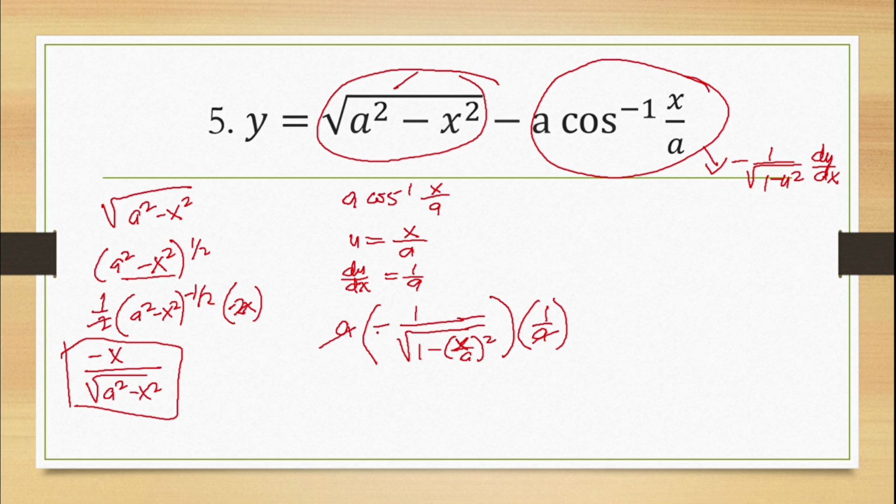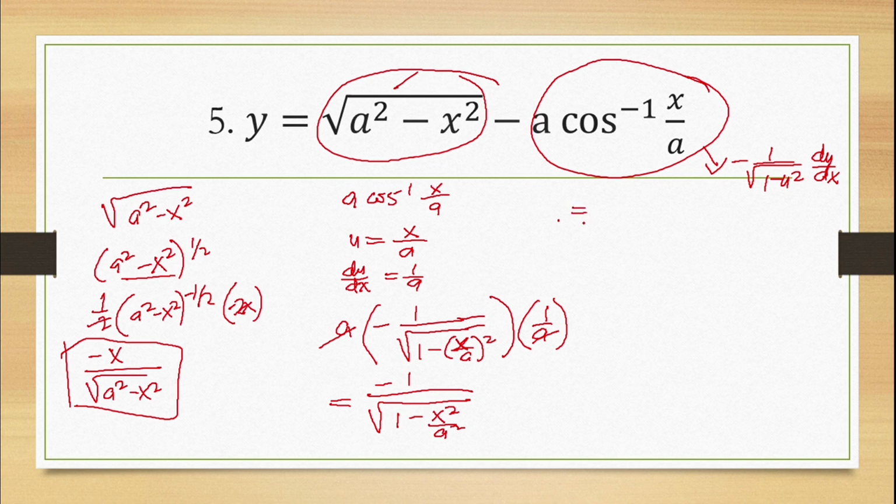So cancel this part. Alright, so now if we're going to simplify this part, this is negative 1 over the square root of 1 minus x squared over a squared. So simplify further.